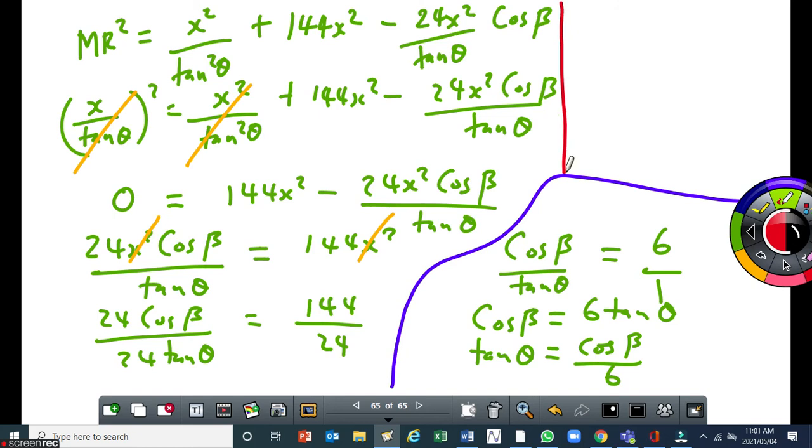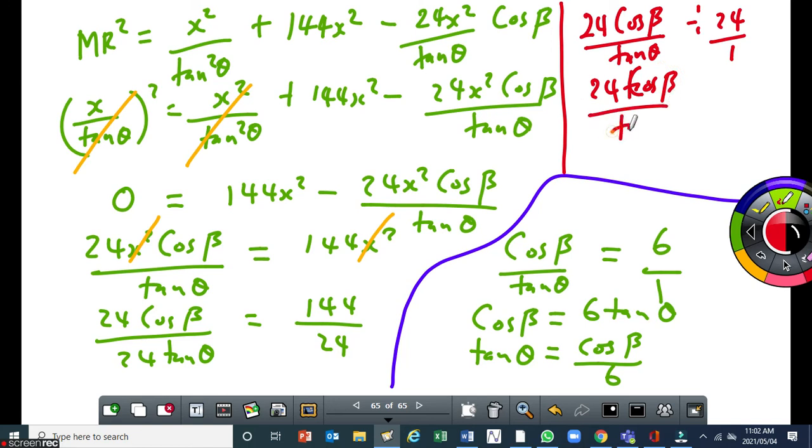Alright. If you have 24 cos beta over tan theta, if you divide it by 24 over 1, that would be the same as 24 cos beta over tan theta times 1 over 24. And this will give you cos beta.